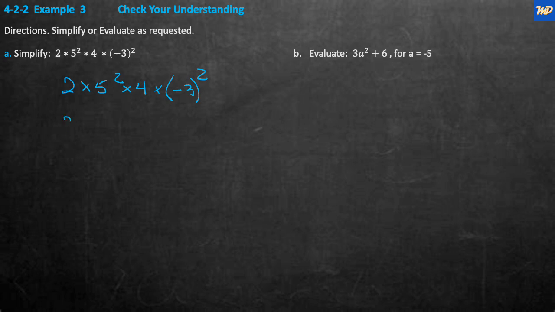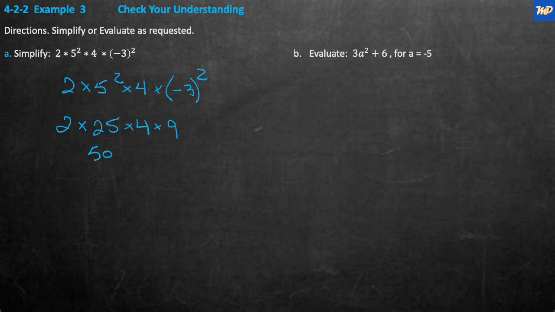So we could say 2 times 5 squared is 25 times 4 times minus 3 squared, which is an even exponent, so the negative sign disappears, ends up being 9. So now we have 25 times 2 is 50. So this is equal to 50.